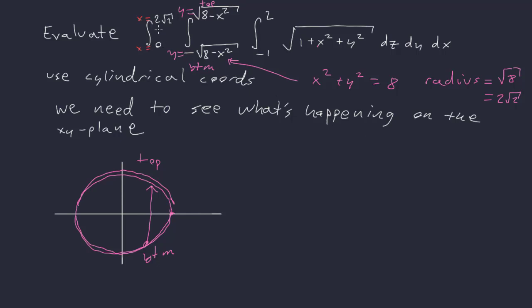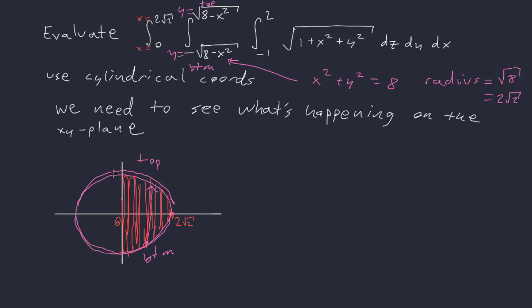So if it was negative 2 root 2 to 2 root 2, it would be the whole circle. But instead, it's 0 to 2 root 2. Okay, so we're only taking this half of the circle. So this is 0 to 2 root 2.